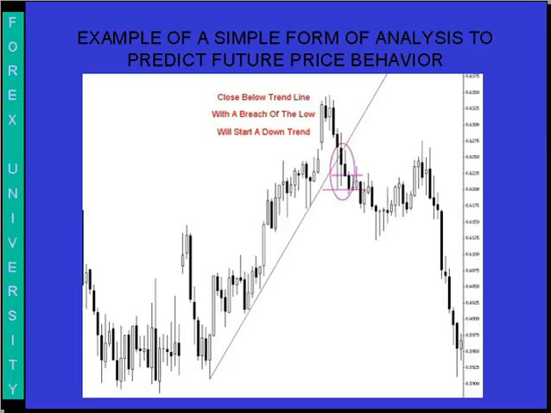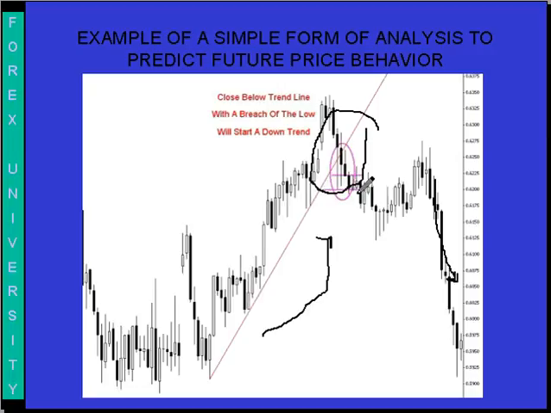Here is the result. As you can see, price floated sideways for a minute and began to fall. Why? Because we saw exhaustion in this bullish trend to the upside.